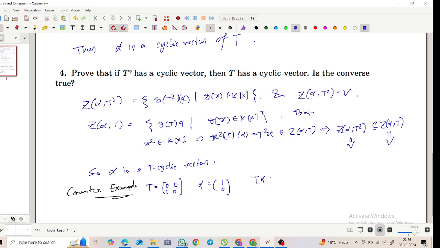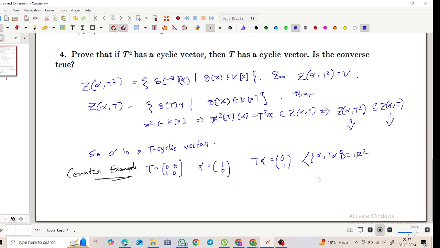So T alpha is (0, 1), so clearly Z(alpha; T) is R2, the span. So T has a cyclic vector alpha, right? But T square alpha is 0 because T is nilpotent. This implies Z(alpha; T square) is only generated by alpha.